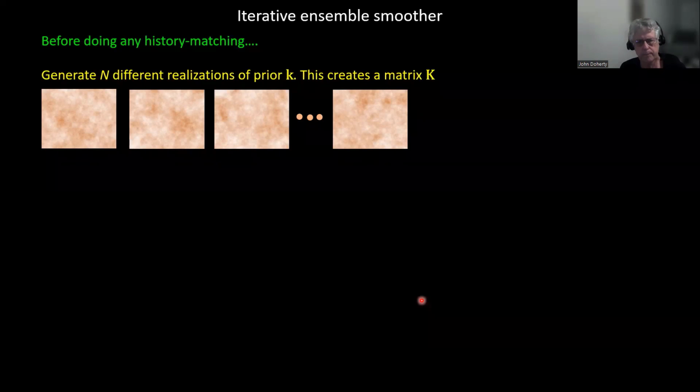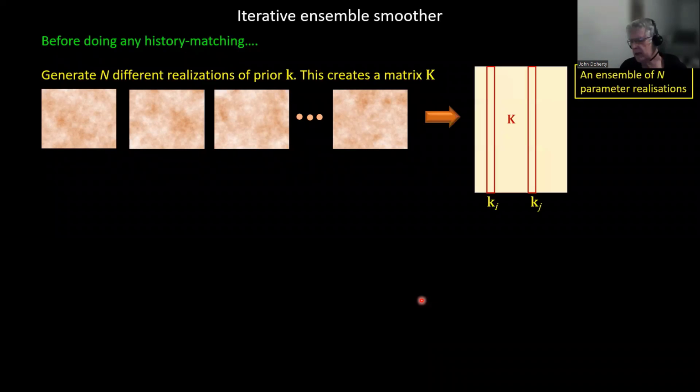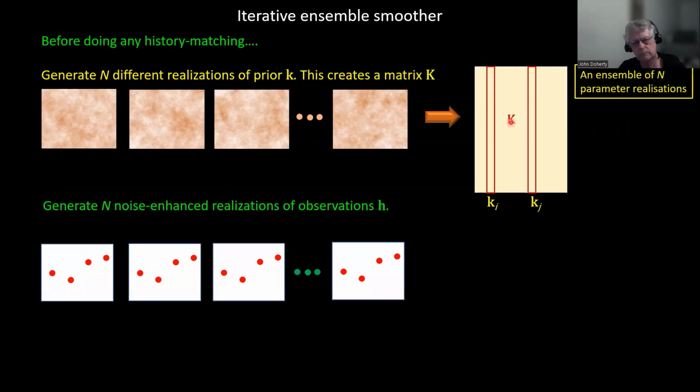So if I'm going to use IES, the first thing I do is to generate lots of different parameter fields, samples of the prior. And I'm going to put them into this big matrix K. So each one of these vectors here is simply one of these realizations of the prior. I'm just putting them all alongside each other and calling it a big matrix K. Here are my field observations.